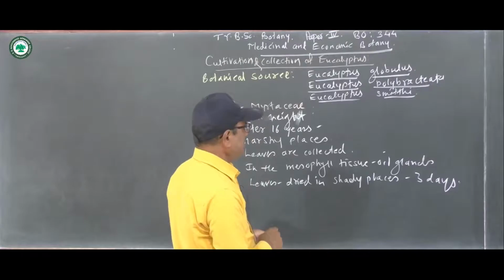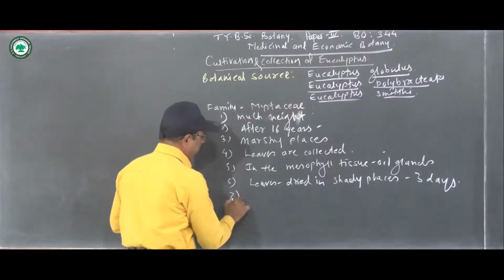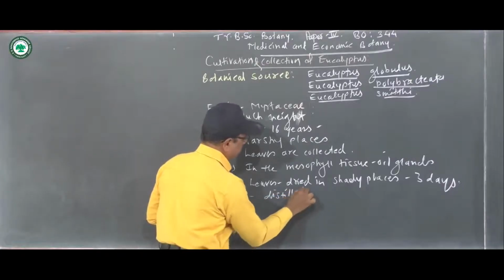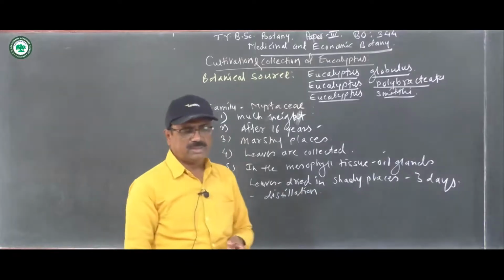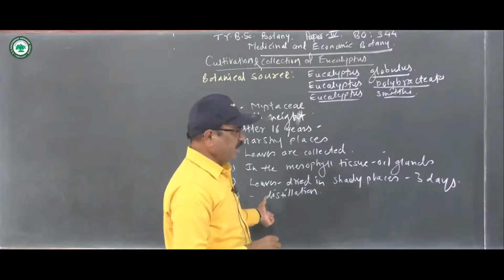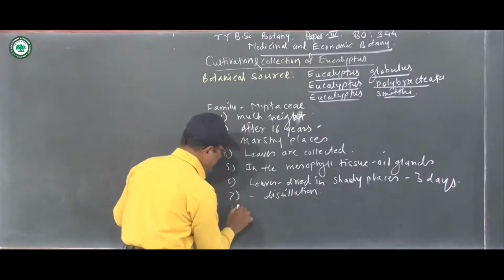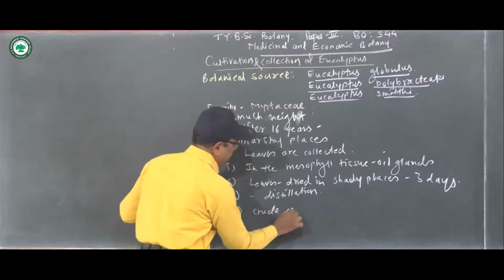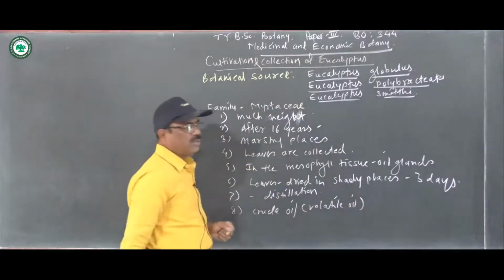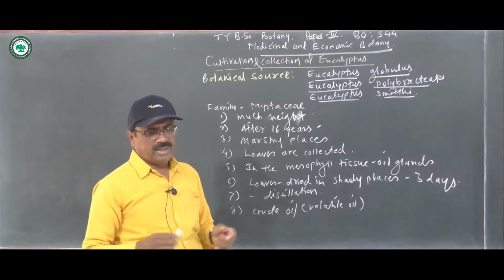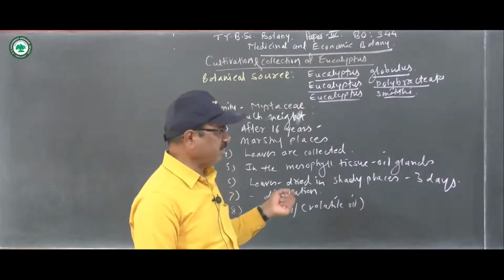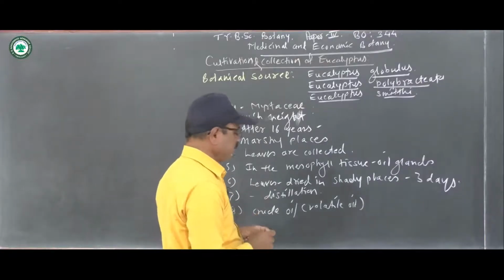Then later on, these leaves are subjected to distillation, and after the distillation of these leaves, the crude volatile oil is obtained. As after distillation many impurities are present in this oil, that's why it is called the crude oil.